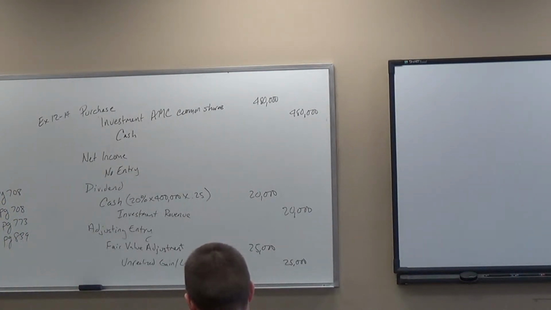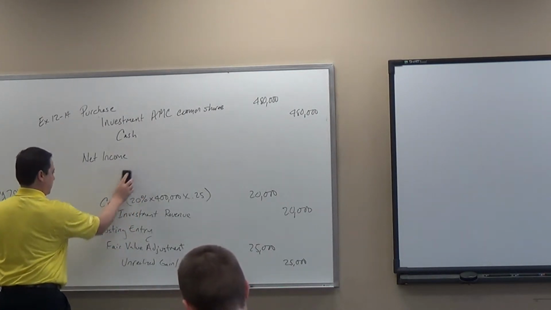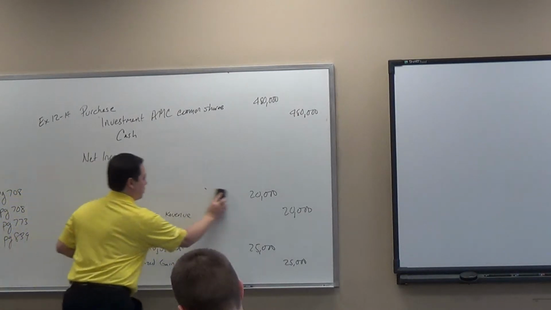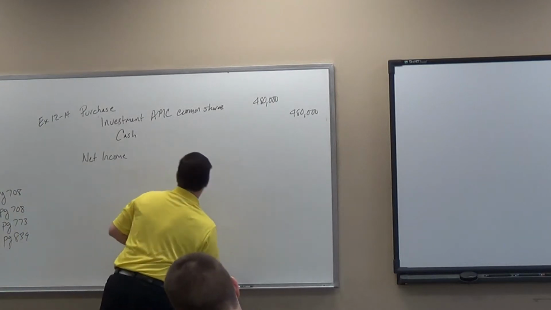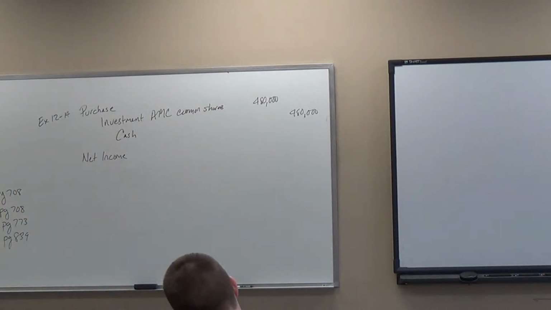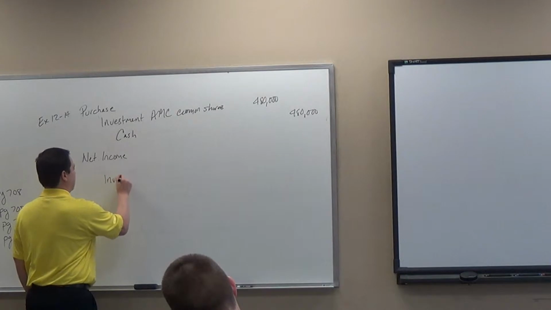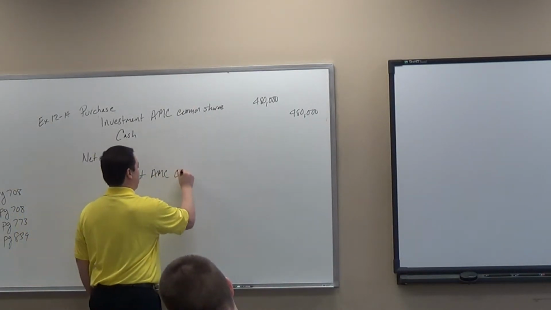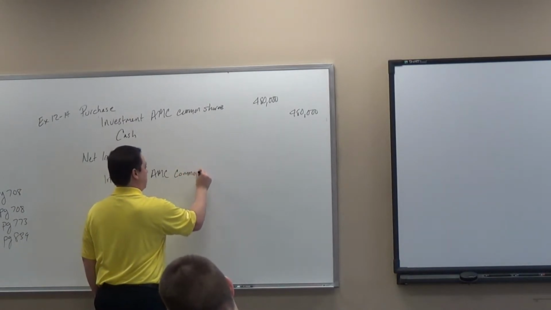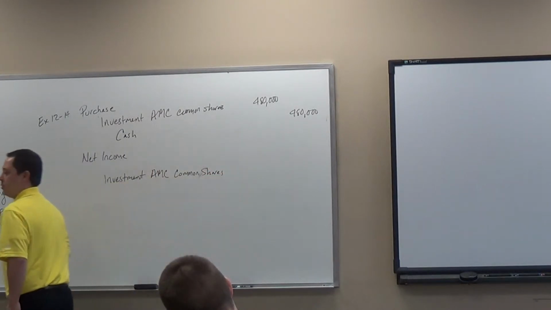All right. So this stays the same here. Let me change all of this. I'll just erase all of this. So we have our net income. What was the net income that we take in there for the company? 250,000?